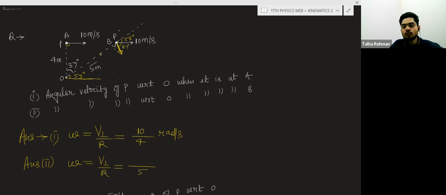So basically you have to take the component of this 10 in this direction. Divyangi, can you tell me what will be the component of this 10 meter per second along this direction, which is perpendicular to the distance OB?